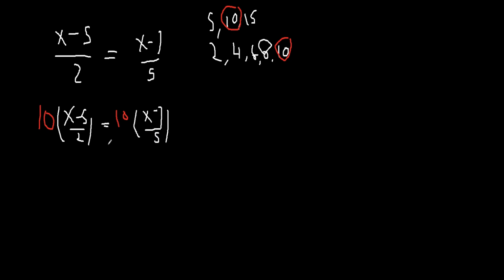So now that we've done that, as you can see, we can just divide 10 and 2, so that gives us 5 times x minus 5. And it's the same thing here. We can just divide 10 and this 5. So that gives us 2 times x minus 7.